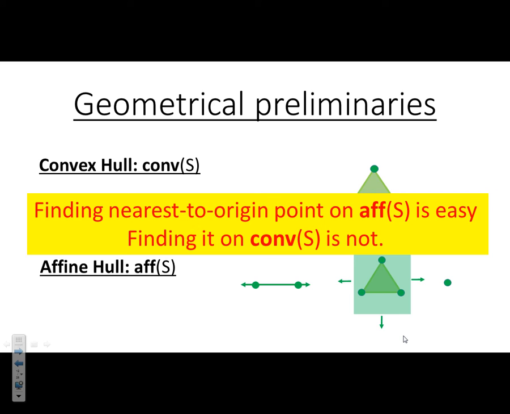We want to find the nearest-to-origin point, the minimum norm point, on the convex hull of the base polytope. But given a set S, finding it on the convex hull is a hard problem. But finding it on the affine hull is easy, in the sense that there's a closed form formula for this, so it's very easy. Okay? So Wolfe's algorithm uses this fact.